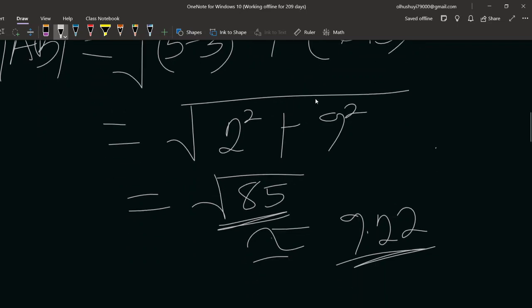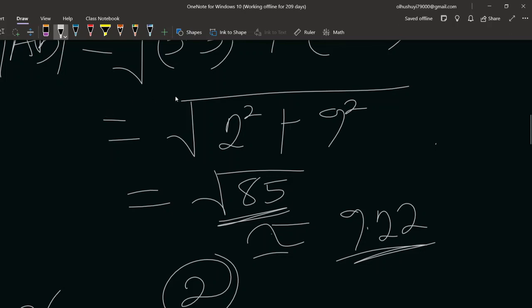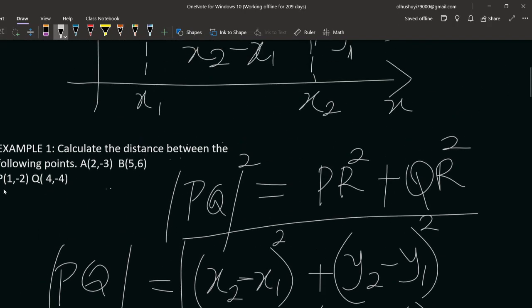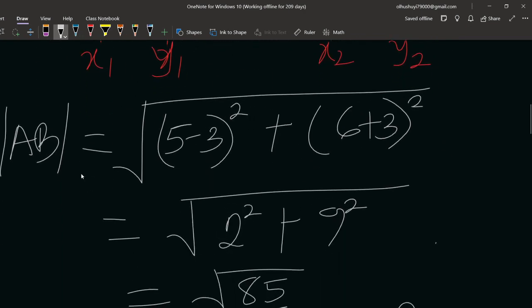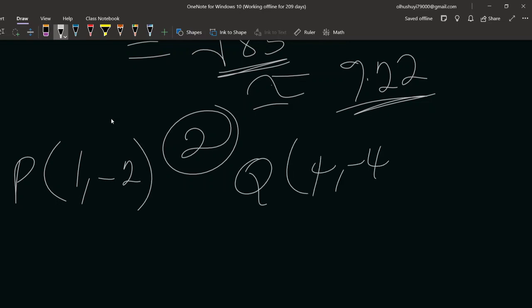The next question, let me call this question 2. What's the coordinate? P is 1, minus 2, then Q is 4, minus 4.